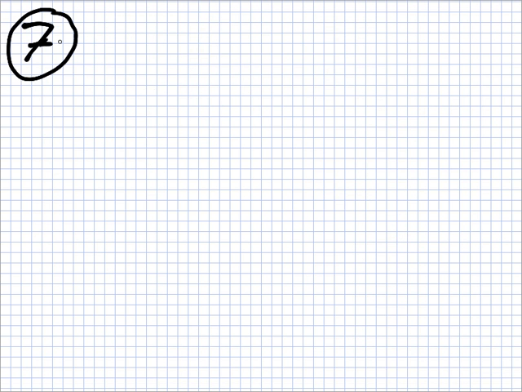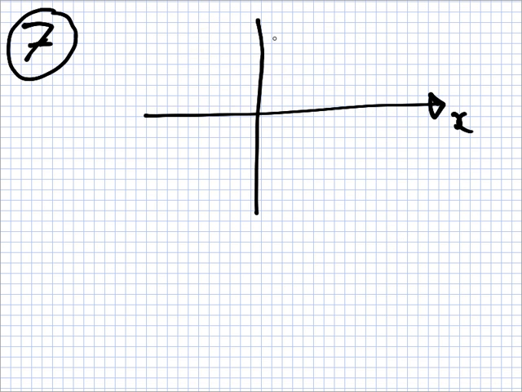Okay, let's make a graph. The line L, which is the x-axis. Okay, so let's draw that. Here's the line L. That's the x-axis. So what's the equation of this line?